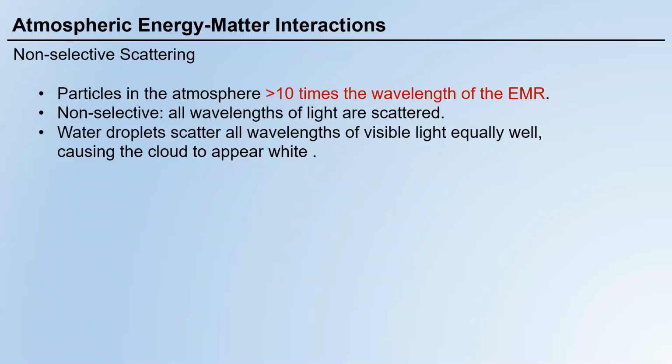They are floating in the air, especially after a big rain, right? Water droplets, and in clouds, of course, scatter all wavelengths of visible light equally well, causing the cloud to appear white. So now you know why the clean sky is blue, and why clouds are white, because of Rayleigh scattering and non-selective scattering, respectively.